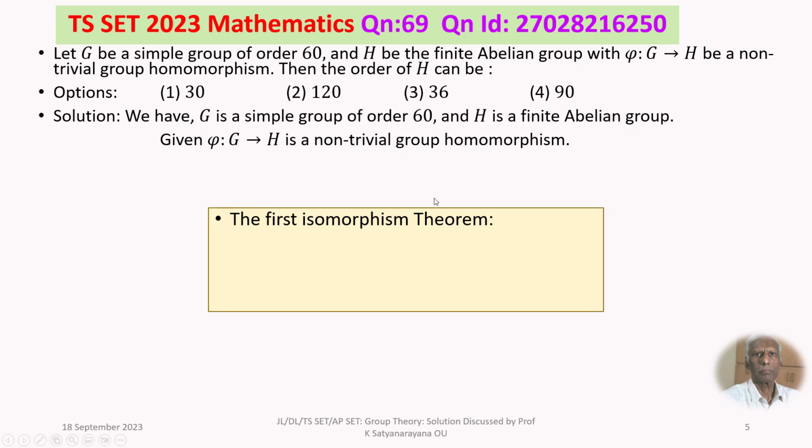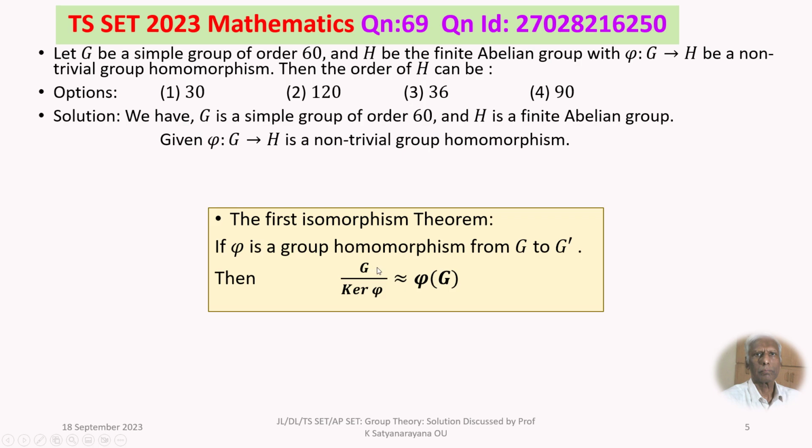Now we apply the first isomorphism theorem. What is the first isomorphism theorem? If phi is a group homomorphism from a group G to a group G prime, then G by ker phi is isomorphic to phi of G. So the first isomorphism theorem states that phi is a group homomorphism from one group G to another group G prime.